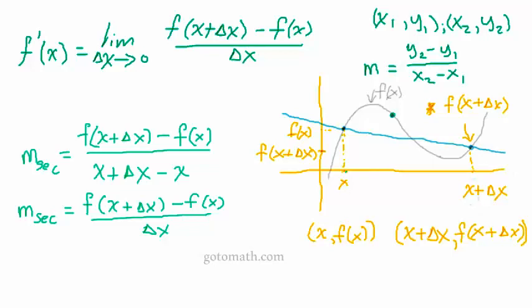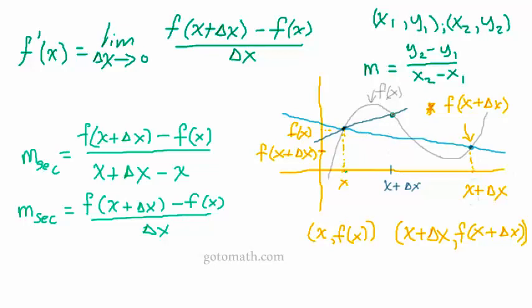And so what is going to happen is, let's draw a new secant line. So here's a new secant line, right? And we have a new x plus delta x. Of course, this delta x has gotten smaller now. It's getting smaller and smaller.